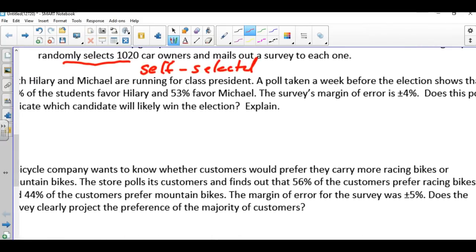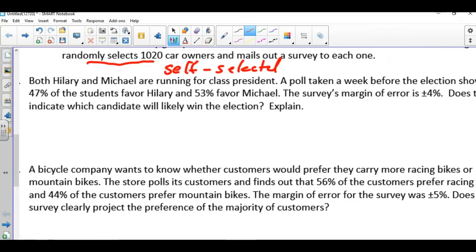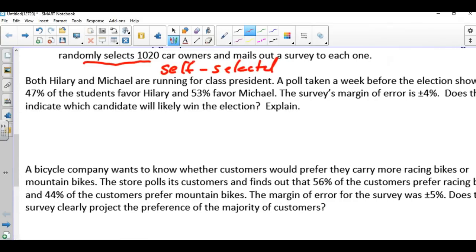This next problem, both Michael and Hillary are running for president. A poll taken a week before the election showed that 47% were in favor of Hillary and 53% were in favor of Michael. The survey has a margin of error of 4%. Does this indicate which candidate will win the election?